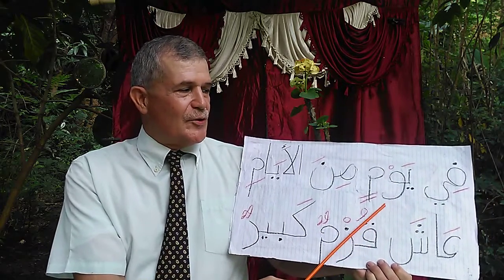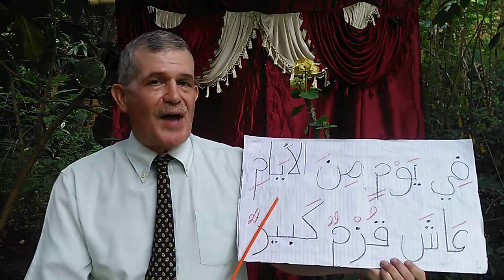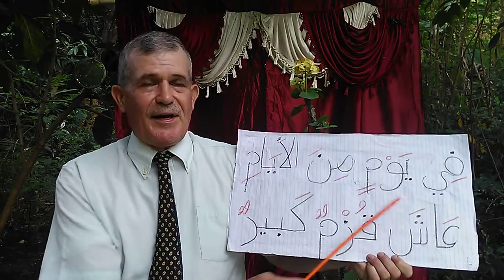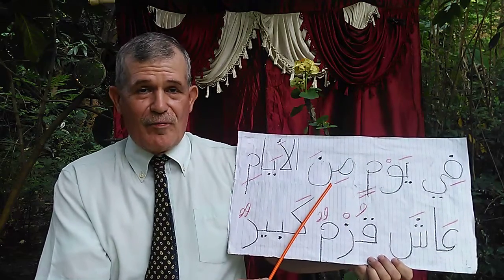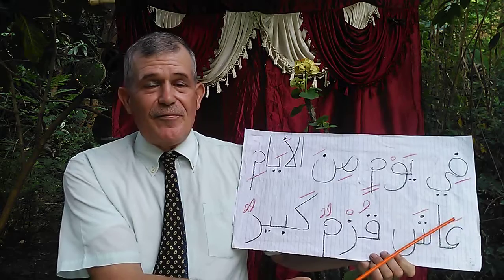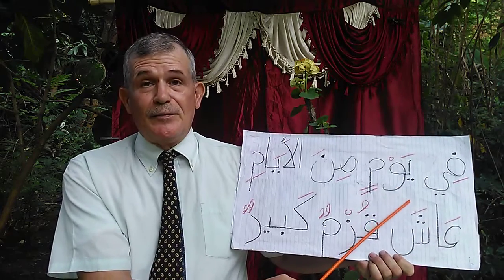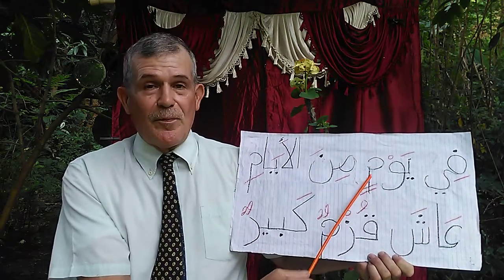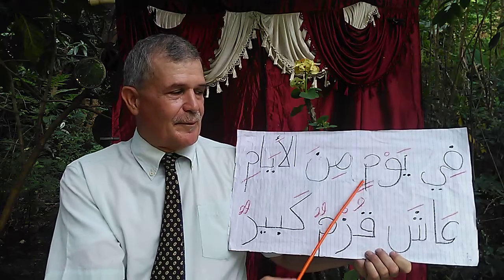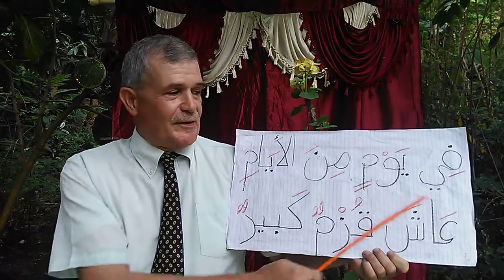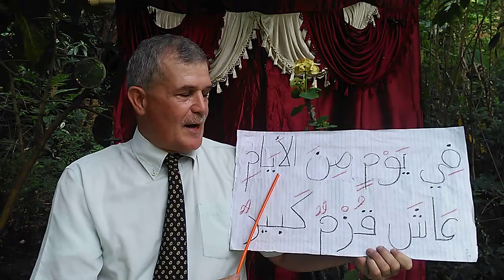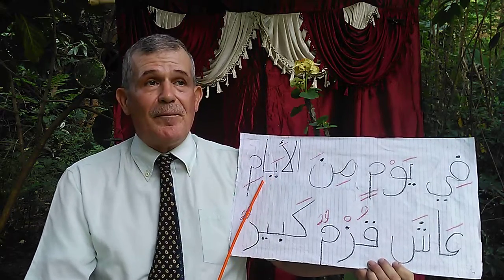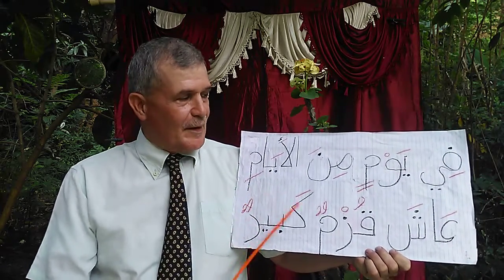And this is literally translated in a day of or from the days. Fi in yom, a day, yomin with the last vowel here, yomin because it's the adjective. Fi yomin min al ayam. In a day of the days.